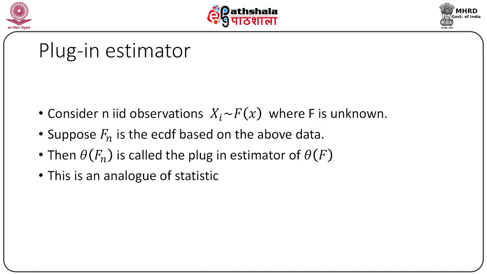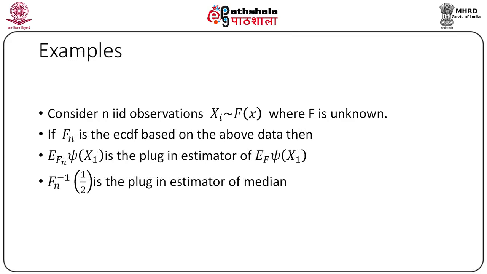You can recall that Fn(x) is nothing but the proportion of observations less than or equal to small x, where small x is a known quantity. So, if theta f is the functional of interest, then theta Fn is the plug-in estimator corresponding to the functional theta f. That is, Fn is plugged into the place of f in the expression of theta f.